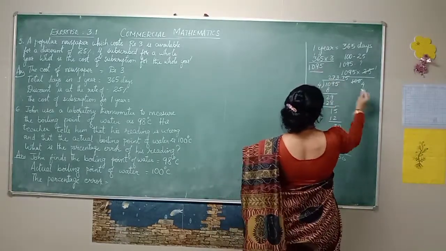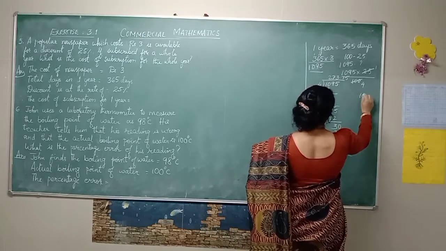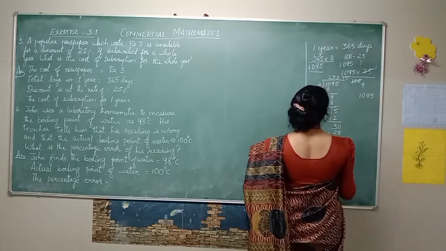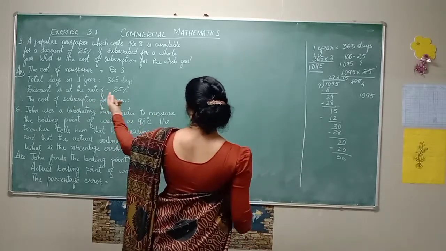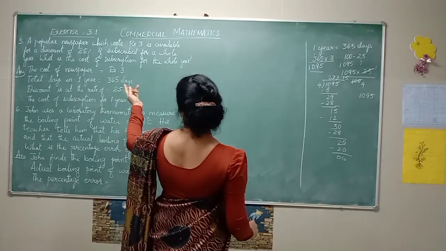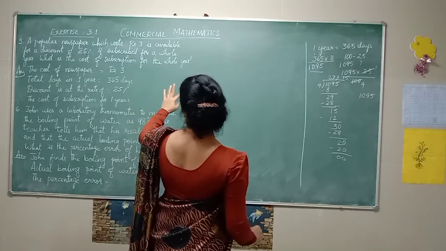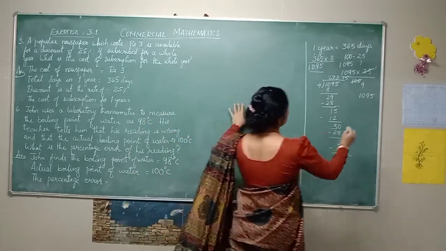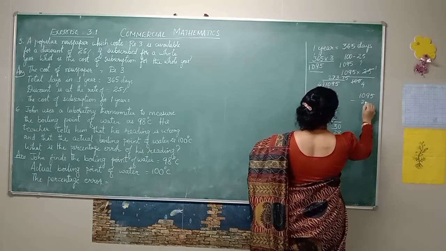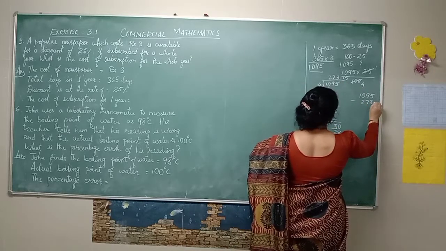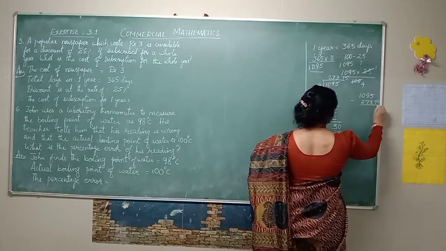Actual rate was how much? Actual rate was 1095. Okay, so now what happened? From 1095, if you minus this 273 rupees 75 paise.